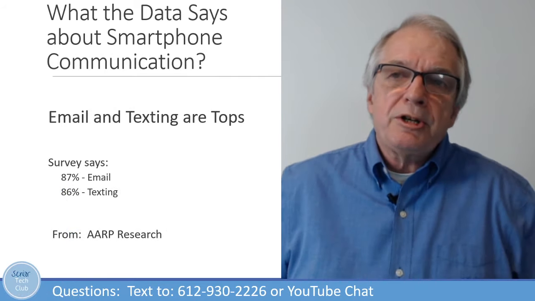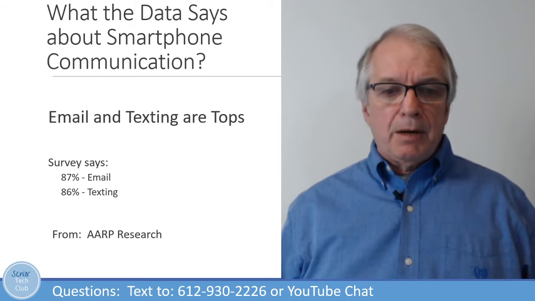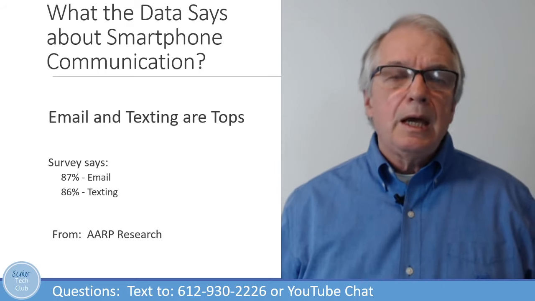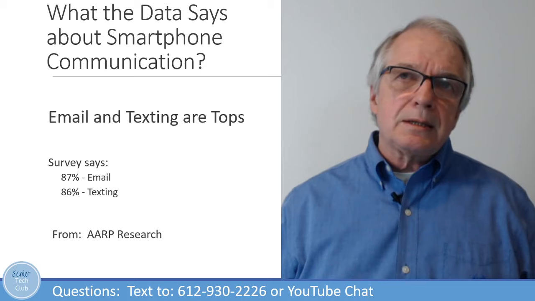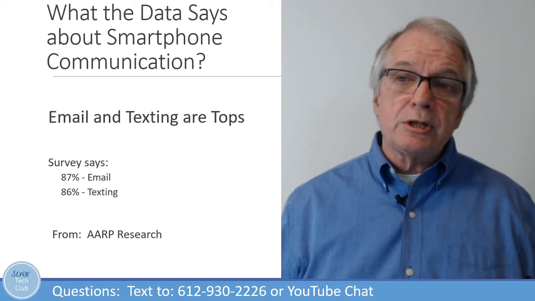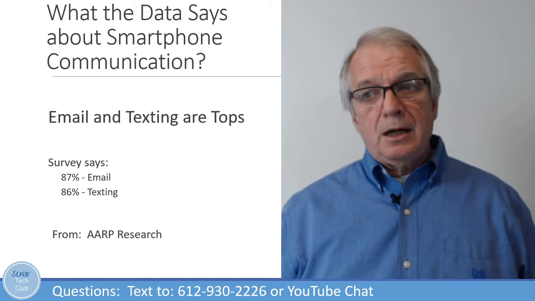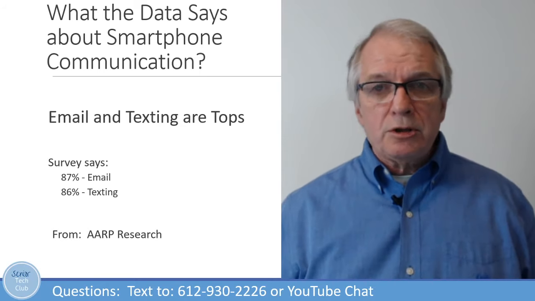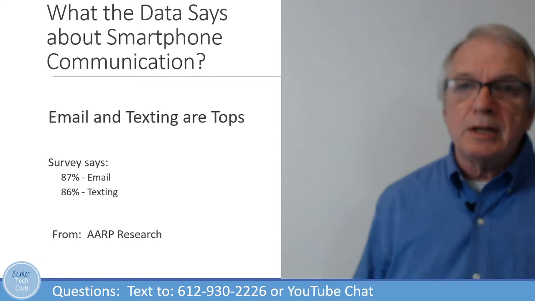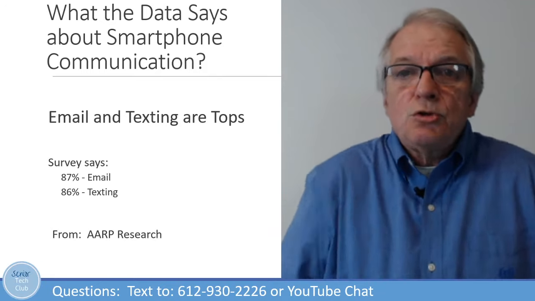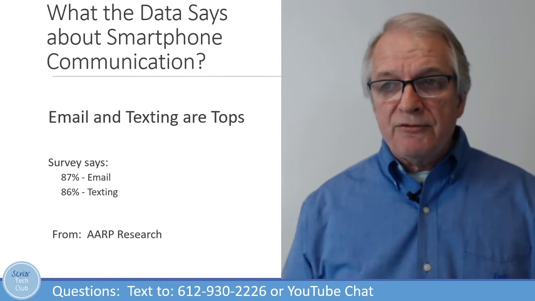All right, our primary topic is about email, and it's interesting. I think it's interesting in that survey data that's available right now, and one that I'm using in particular is a survey of older adults who happen to be using their smartphones.